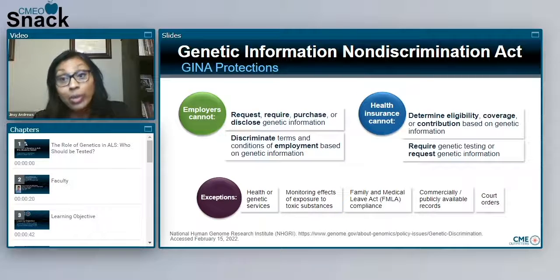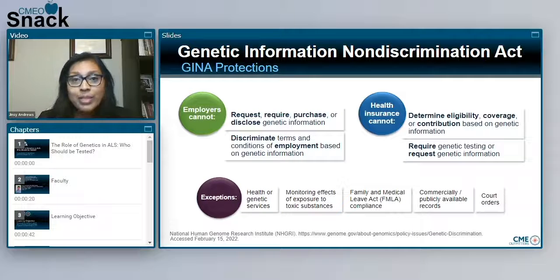One is in employment. So an employer cannot discriminate or prevent you from being hired or promoted or gaining other benefits or terms of employment based on your genetic information. And the other is in the health insurance sector. So health insurance carriers cannot deny you coverage or consider your eligibility for coverage based on your genetic information.